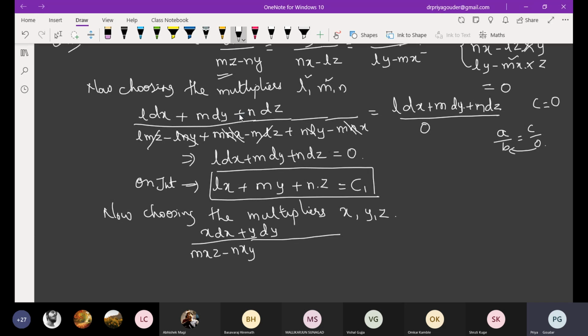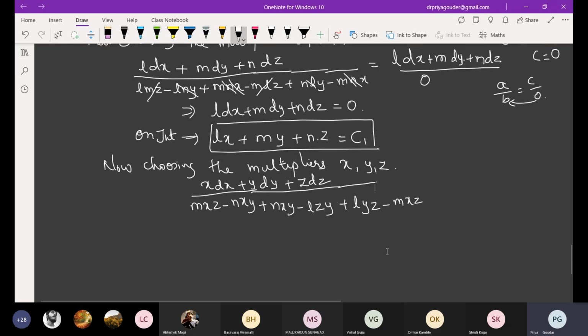Again, multiply these terms with y: nxy minus lzy plus, what is the third term? z dz. You multiply these terms with z and tell me what you'll get. Lyz minus mxz. Am I right?